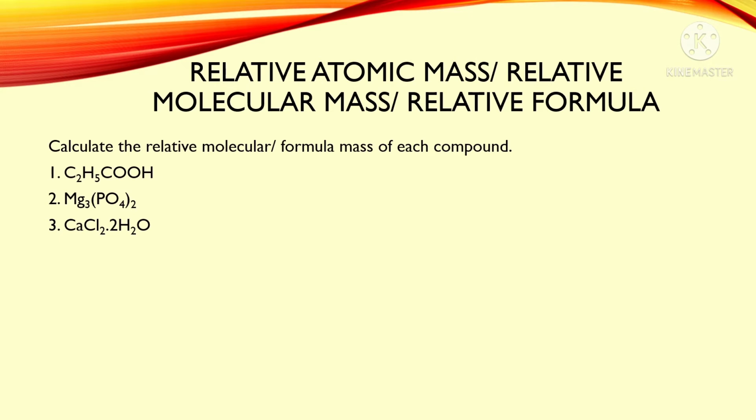Now we move on to look at how to calculate relative molecular mass or relative formula mass for a compound. Must remember, we need to apply the concept whereby to determine the relative molecular mass or relative formula mass of a compound, we need to sum up the relative atomic mass of atoms present in the molecule or in the compound.